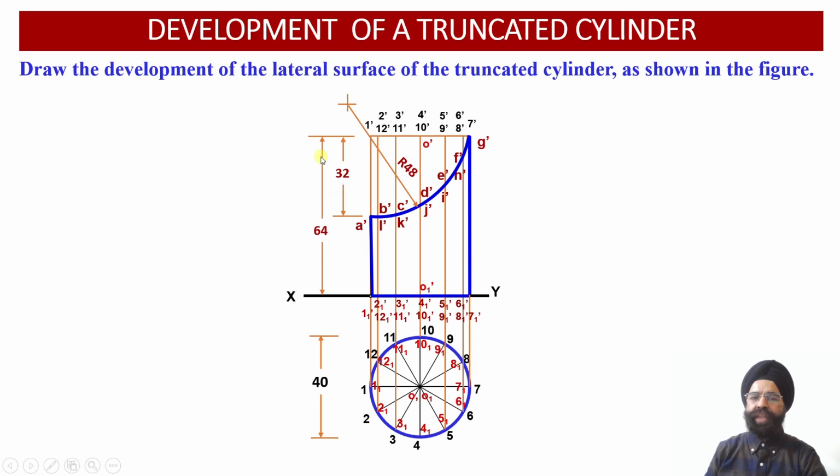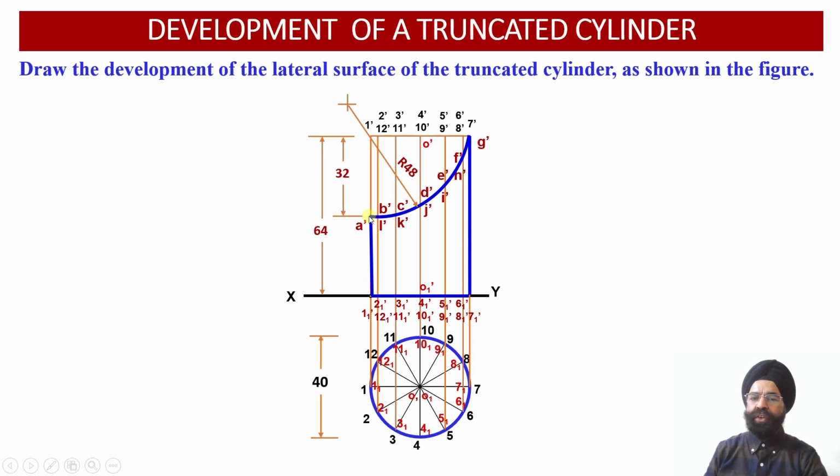The height of the cylinder is 64 millimeter, and the arc cuts the cylinder in such a way that its starting point on the extreme edge of the cylinder will be 32 millimeter from the top face of the cylinder.